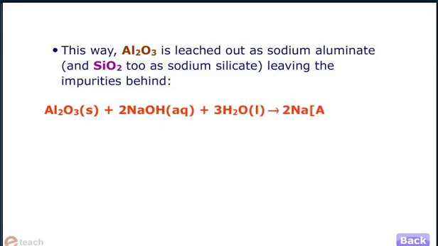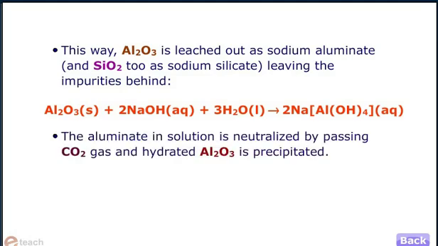Al2O3 (solid) + 2NaOH (aq) + 3H2O (aq) gives 2Na[Al(OH)4] (aq).